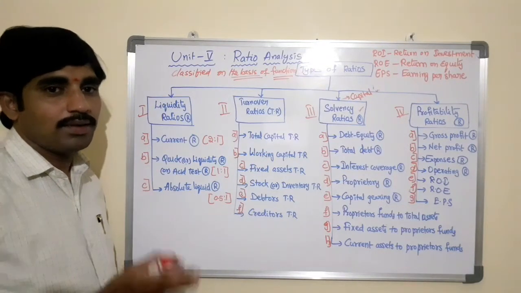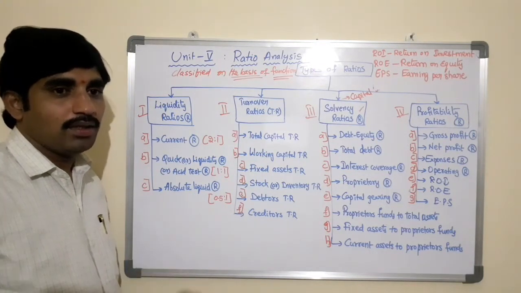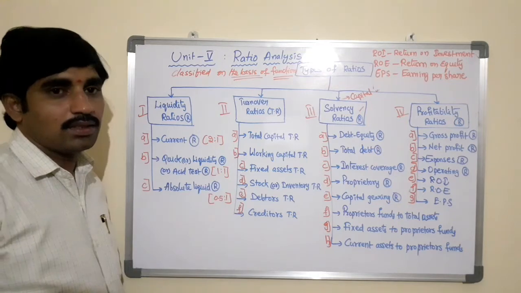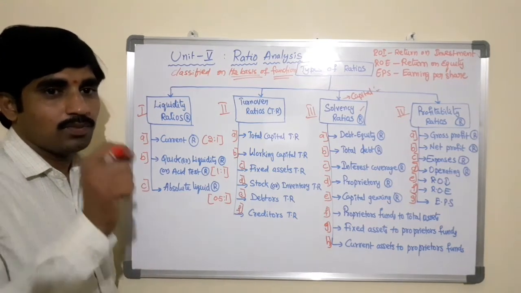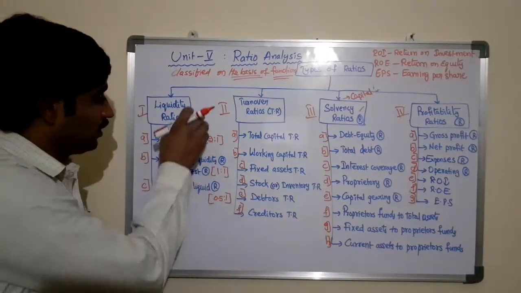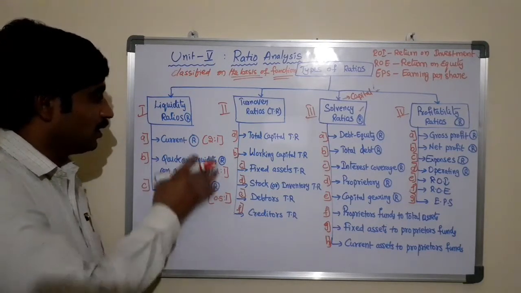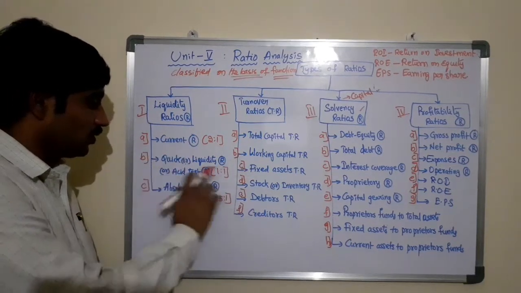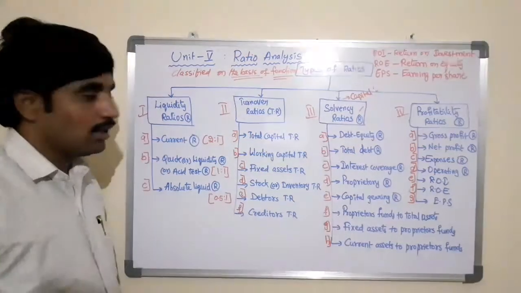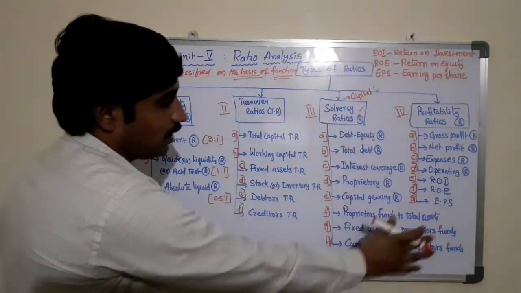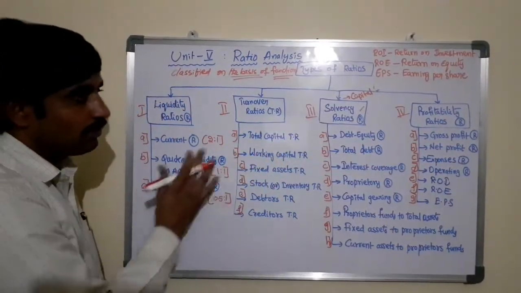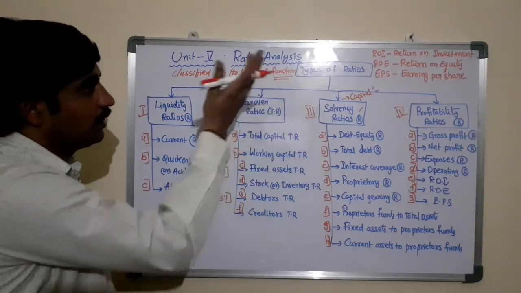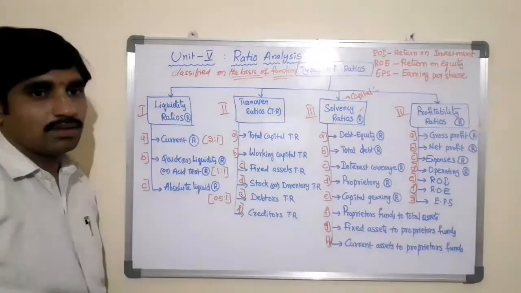So whether the company is in a position to pay for all these expenditures or not. To determine that information, we require to apply these liquidity ratios, that is current ratio, quick ratio, and absolute liquidity ratio.